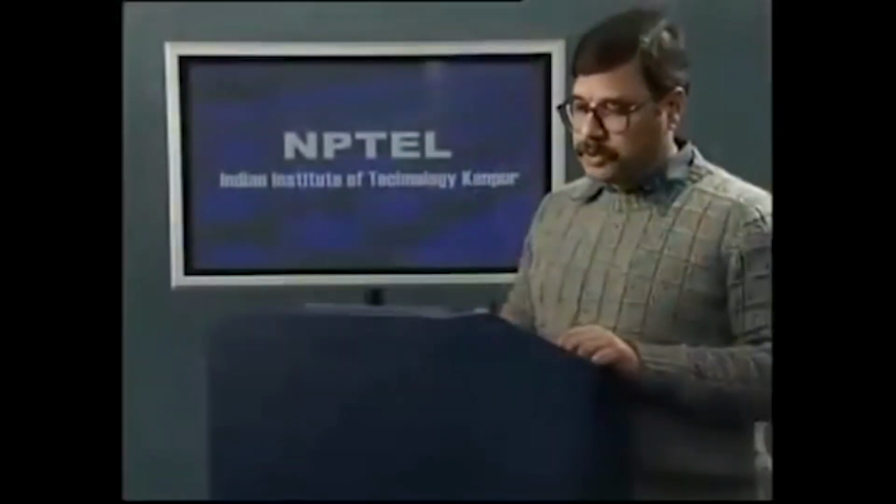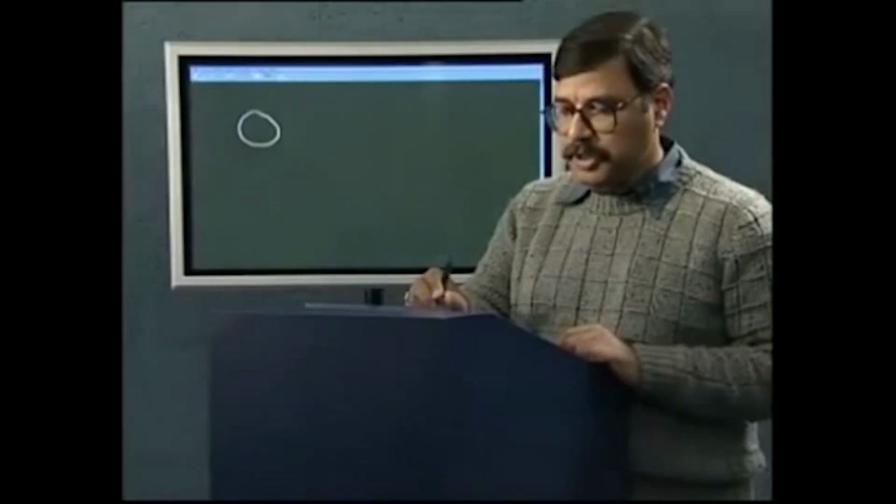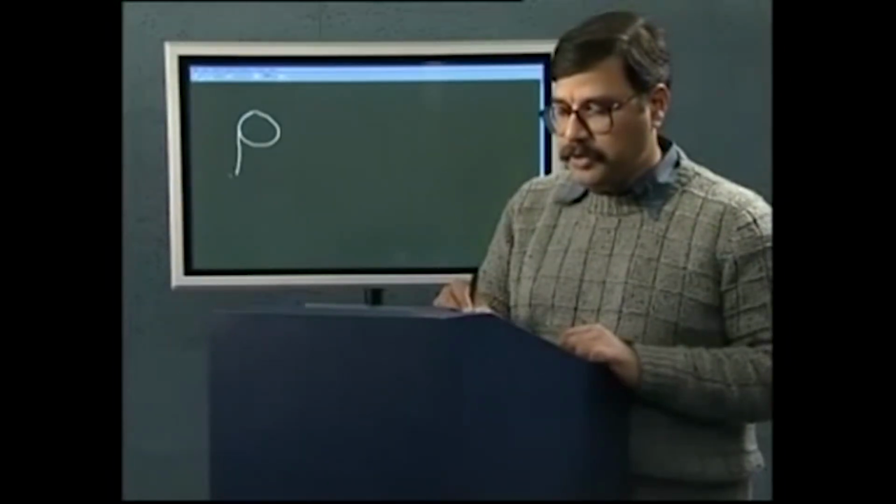Two examples that we took were, one, the Atwood's machine, where I had two masses going around a pulley, M1 and M2. The other example was a mass sliding down a wedge like this, and the wedge could also move horizontally.